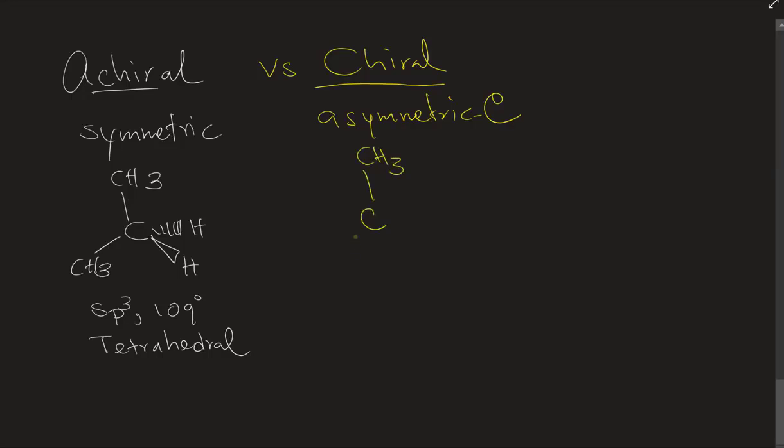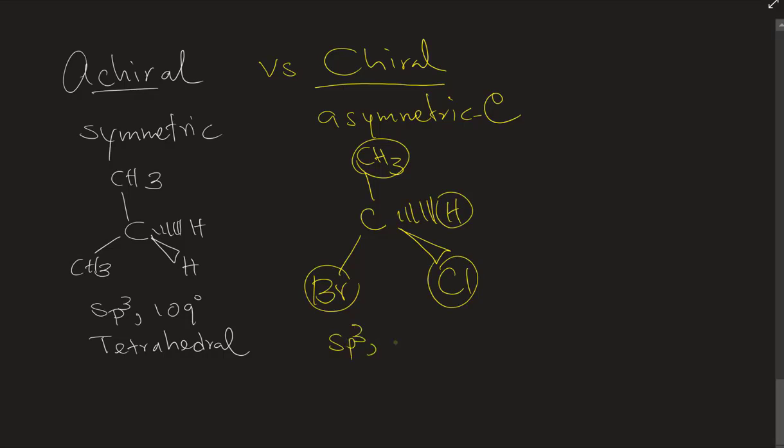So this carbon has a methyl group, and this cannot be a methyl, right? Let's put something else, let's say bromine. And then here you have, let's say, chlorine, and then hydrogen we're going to leave. We need a hydrogen to show you something else. Now, these are the four different groups, and it's an sp3 hybridized carbon, and the bond angles are 109.